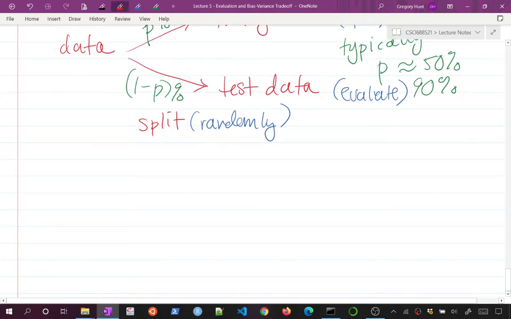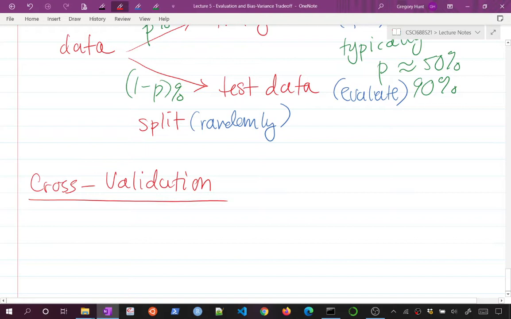The more complicated way is called cross-validation. And this is basically a variation on this idea.